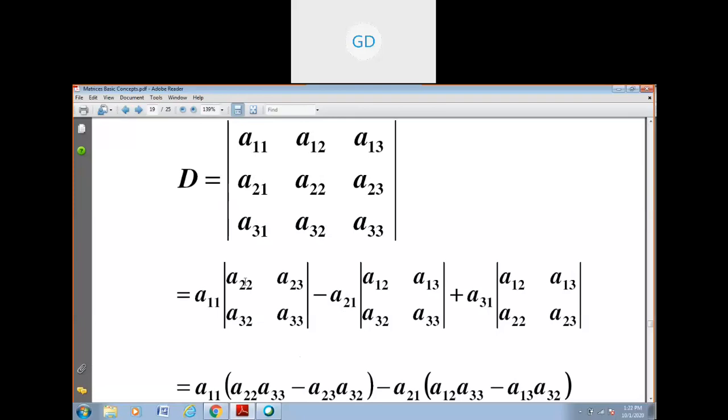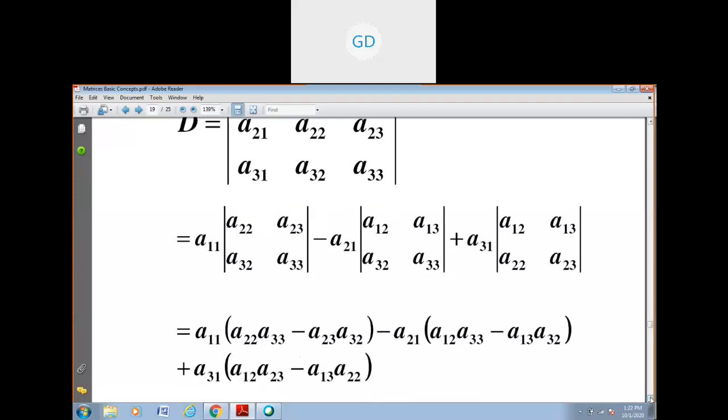So now the determinant of this you can calculate: A21 cross multiplication, A22 into A33, A23 into A32. Here also A12 into A33, A13 into A32. Here also A12 into A23 and A13 into A22. So this is just cross multiplication we have to perform here.